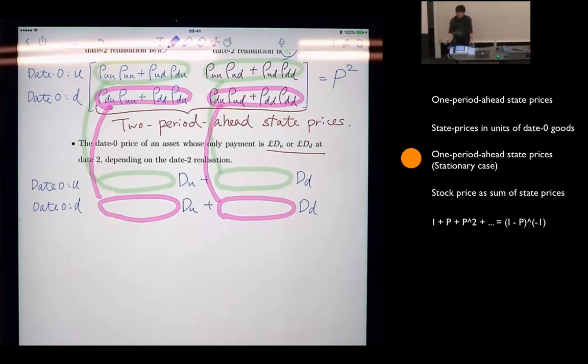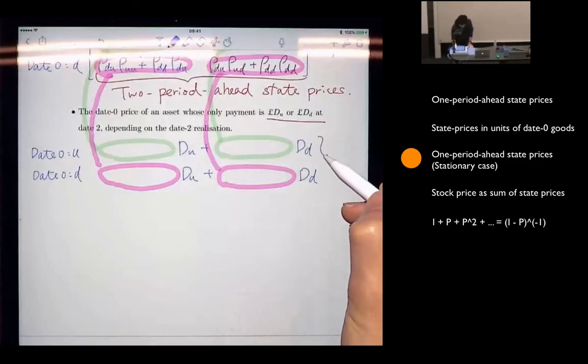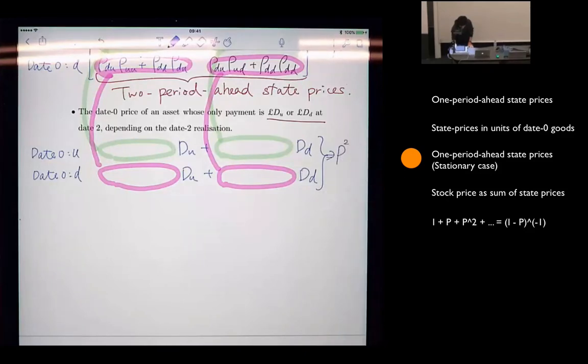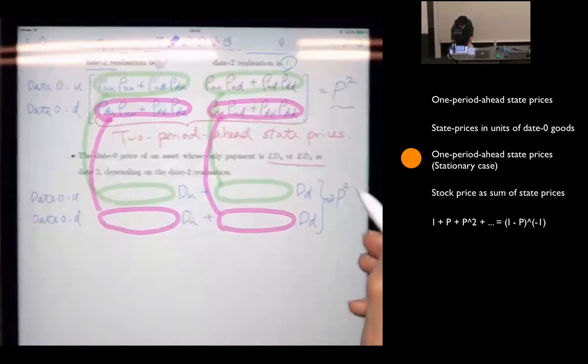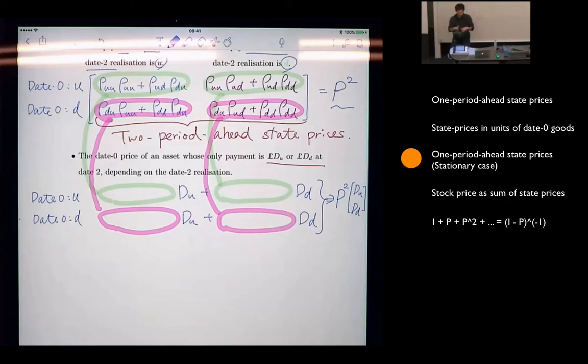So this is the answer. And you can check that this is actually equal to P squared times the vector of dividends, payments, DU and DD. It looks complicated, but it's just summing up quantity times price. That's the asset price. As long as you understand that basic idea, that's the most important part.